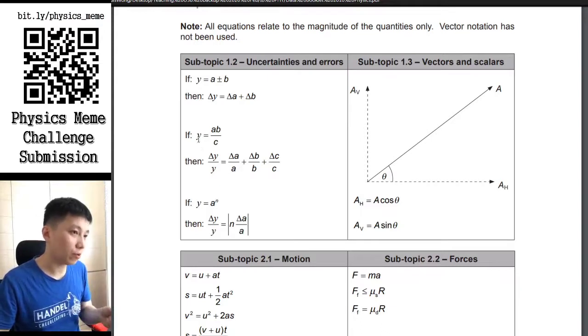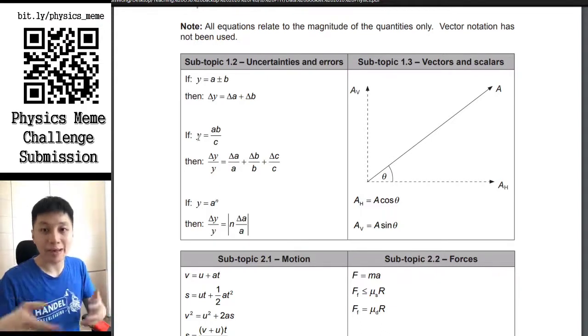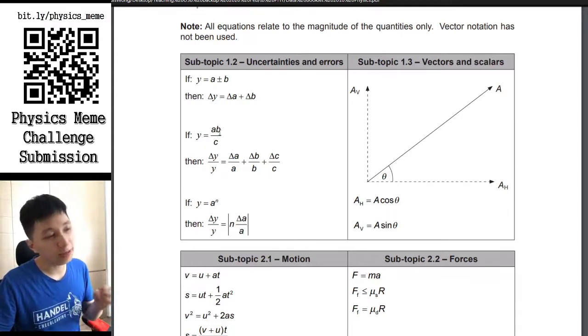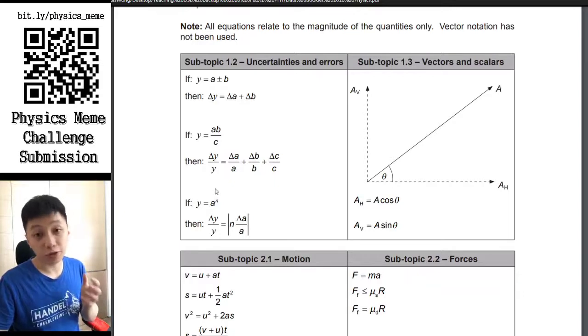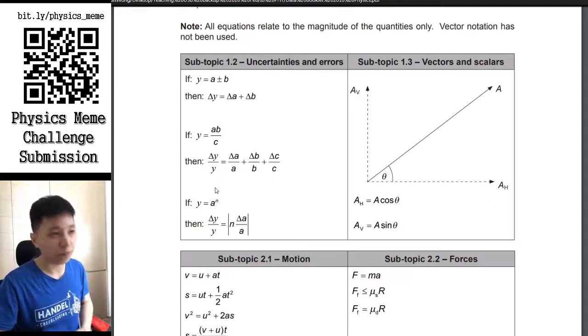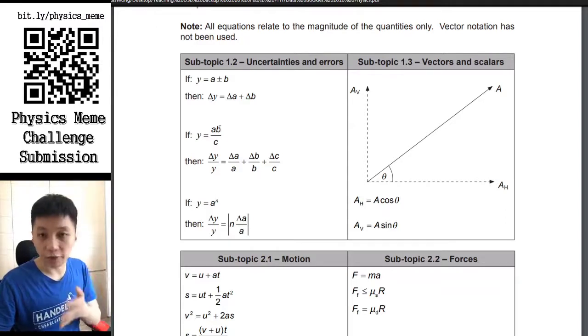So here is an example. If y, which could be anything, is calculated by a times b divided by c, you do the same thing. So the formula is actually delta y over y, which is the fractional uncertainty, if you remember in the previous video when we did the definition, equals each of these.